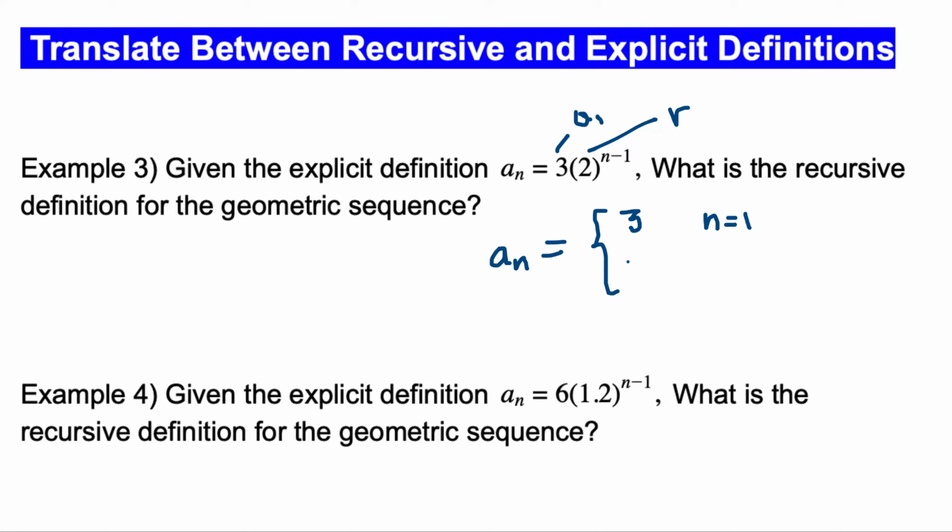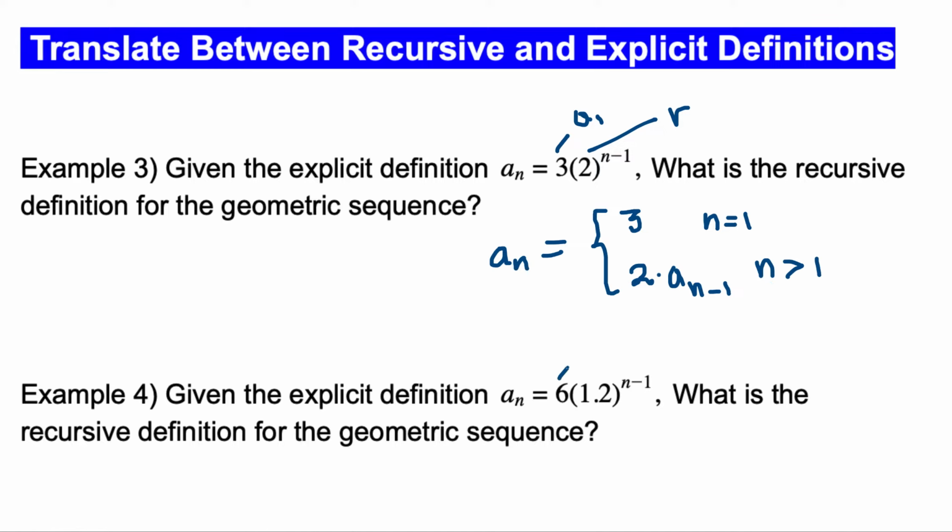And now here r is 2 in this case, times the previous term of an, because I have here an, here is a sub n minus 1, whenever n is greater than 1, for a second term, third term, fourth term, etc. That's what it means.